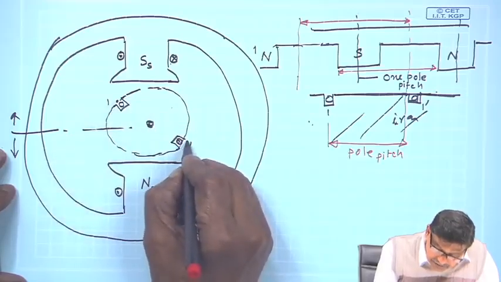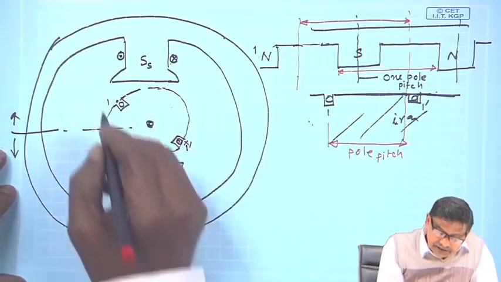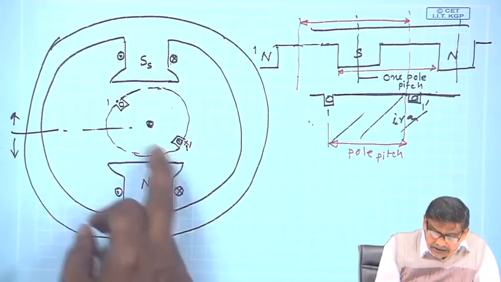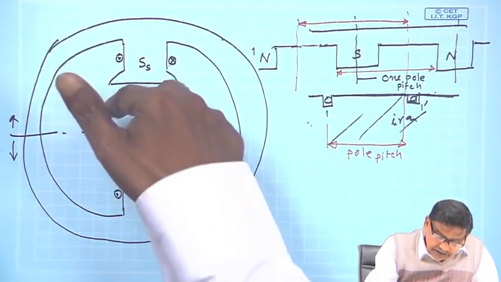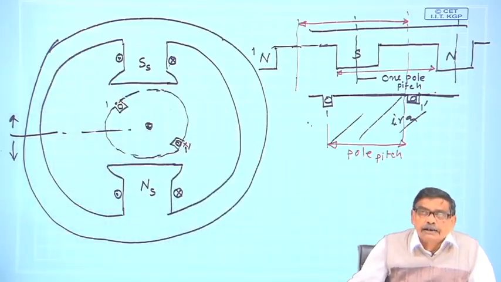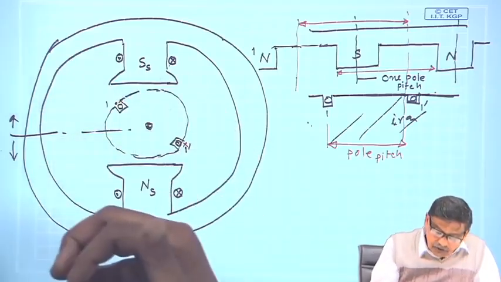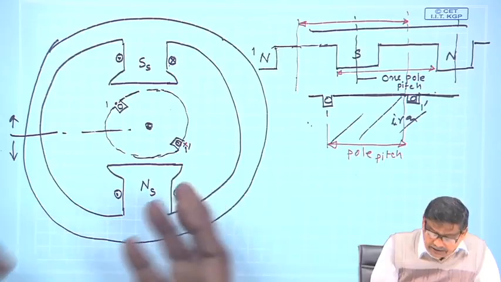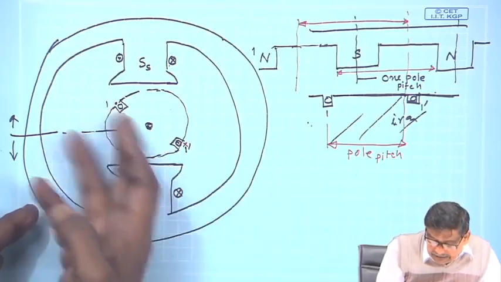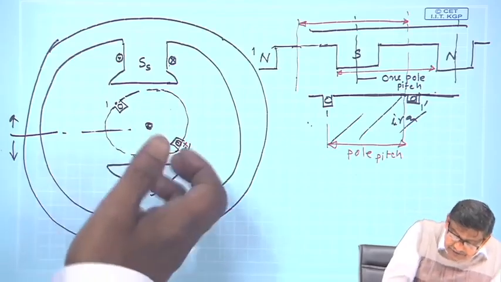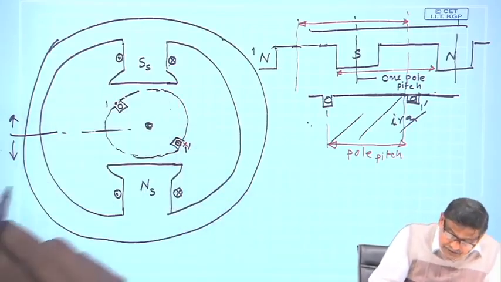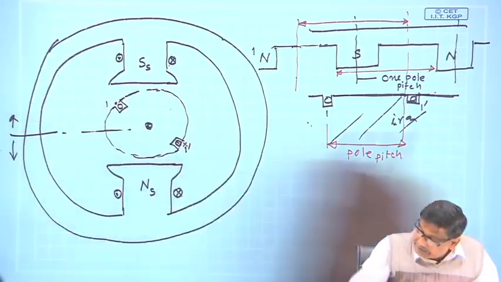This conductor is carrying cross, this is dot. How is this conductor carrying current? Because, as we have seen, in motor operation it must be excited by a source of voltage. Suppose at a given instant of time, it is carrying current. Therefore, if it carries current, it will produce lines of force like this.